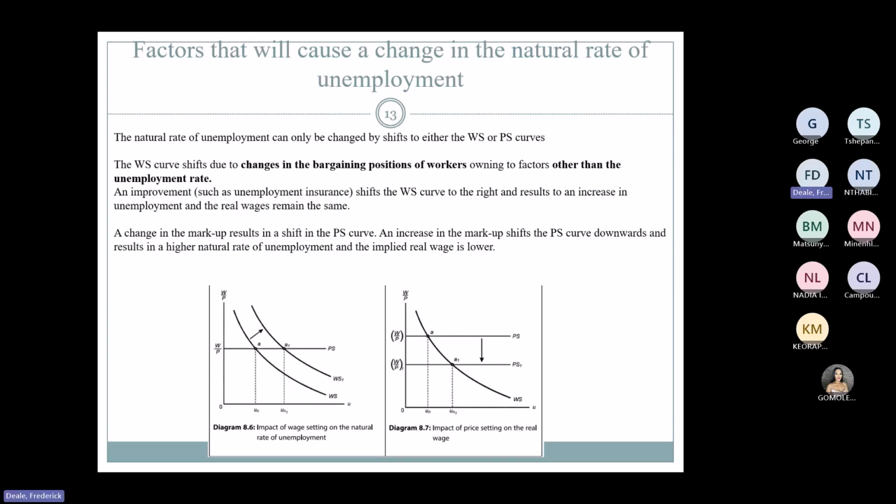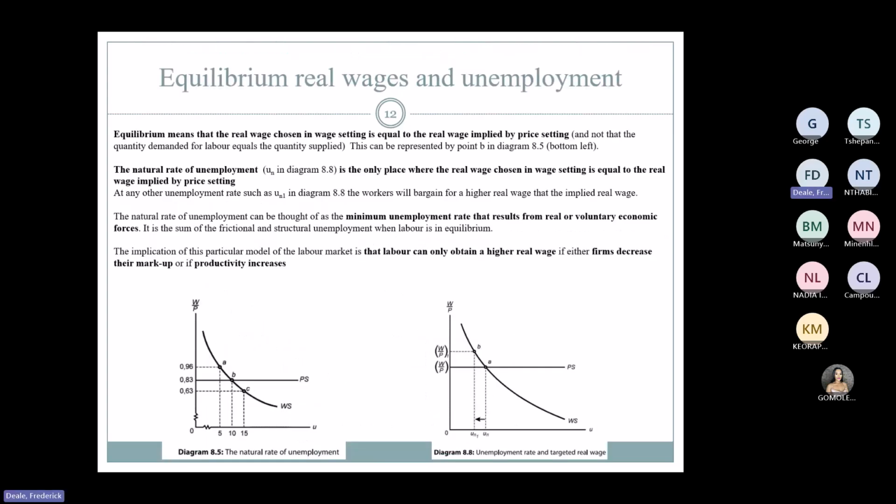Because if you look at the chart on the previous diagram, if these curves stay where they are, it doesn't matter what happens, the natural rate of unemployment, where the real wage chosen in the wage setting is equal to the wage implied by price setting, can only be in one spot, right? It can only be at that point A.